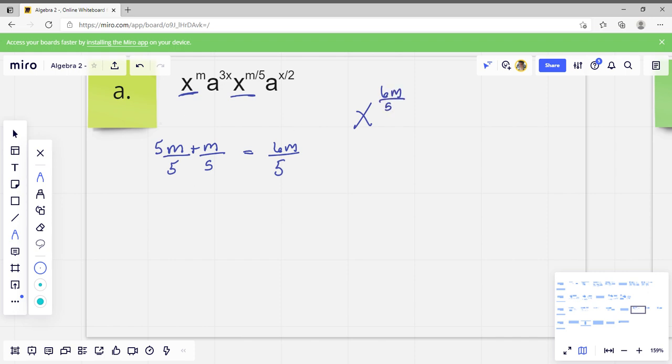And then our a's are going to be 3x plus x over 2. We need to do this one times 2. That would be 6x over 2 plus x over 2, which would be 7x over 2.